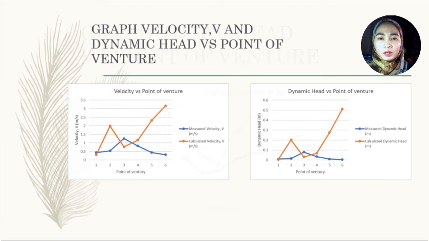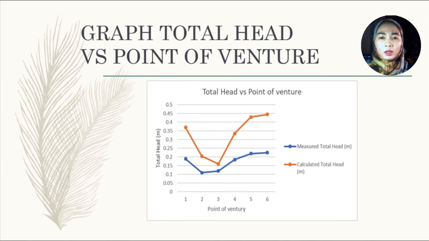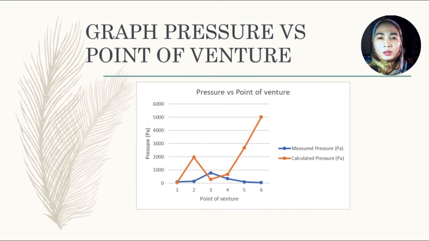Next, for the total head graph, the highest value is at point 6 for measured and the lowest is at point 3 for calculated. Next, the graph of pressure versus venturi point shows that as the area of flow decreases, the velocity increases and the pressure increases too. At point 4, the calculated pressure is rising sharply compared with the measured pressure, which is decreasing.